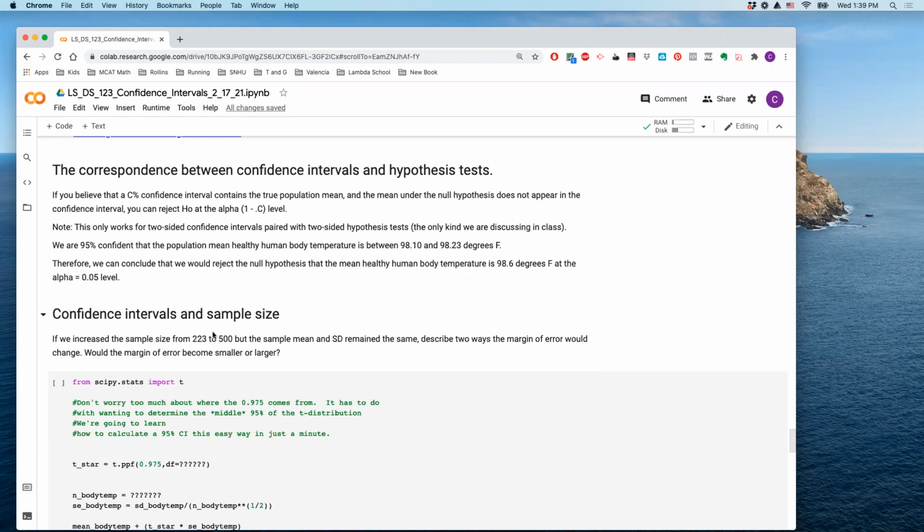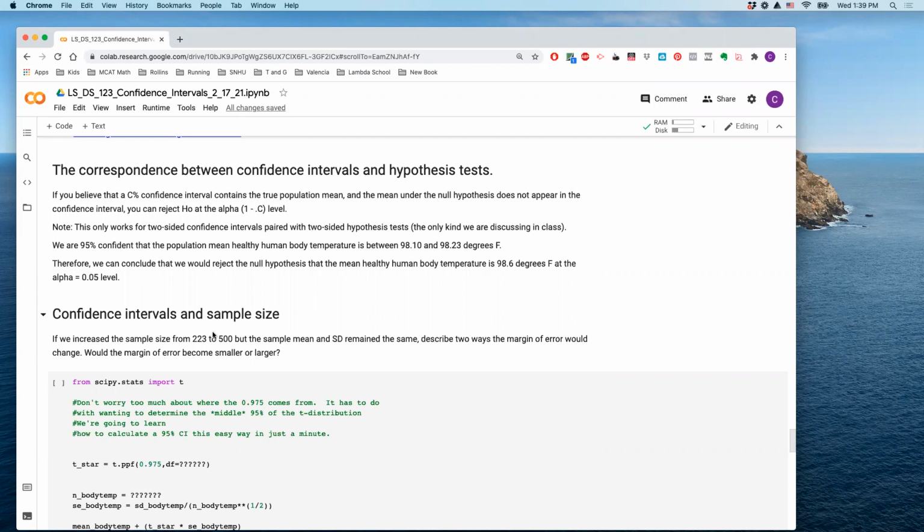So my confidence interval gives me my range of good guesses. So if my null hypothesis value is in my confidence interval, I think it's a good guess, and I fail to reject the null hypothesis. If my null hypothesis value is not in my confidence interval, I think it's a bad guess, and I am going to reject the null hypothesis.